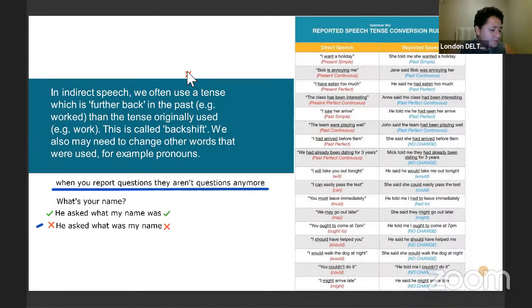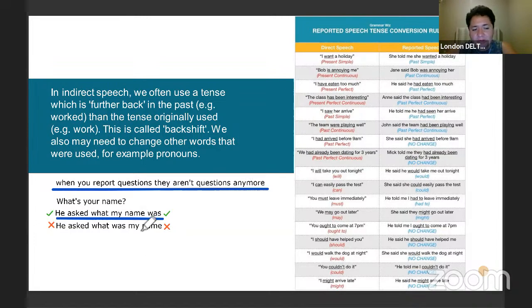You know why? ¿Por qué será que la segunda oración está mal en reported speech? Why is this the correct sentence? Any idea?